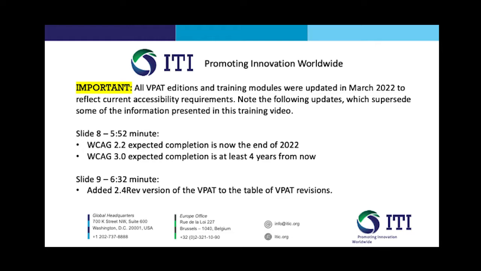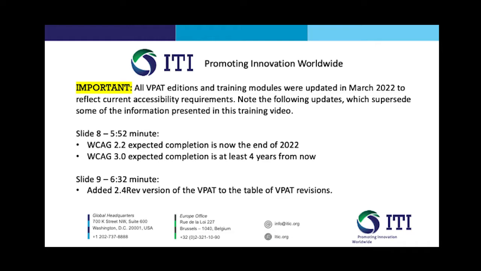For this module, important: all VPAT editions and training modules were updated in March 2022 to reflect current accessibility requirements. Note the following updates, which supersede some of the information presented in this training video. On slide 8, at 5 minutes 52 seconds, WCAG 2.2 expected completion is now the end of 2022.